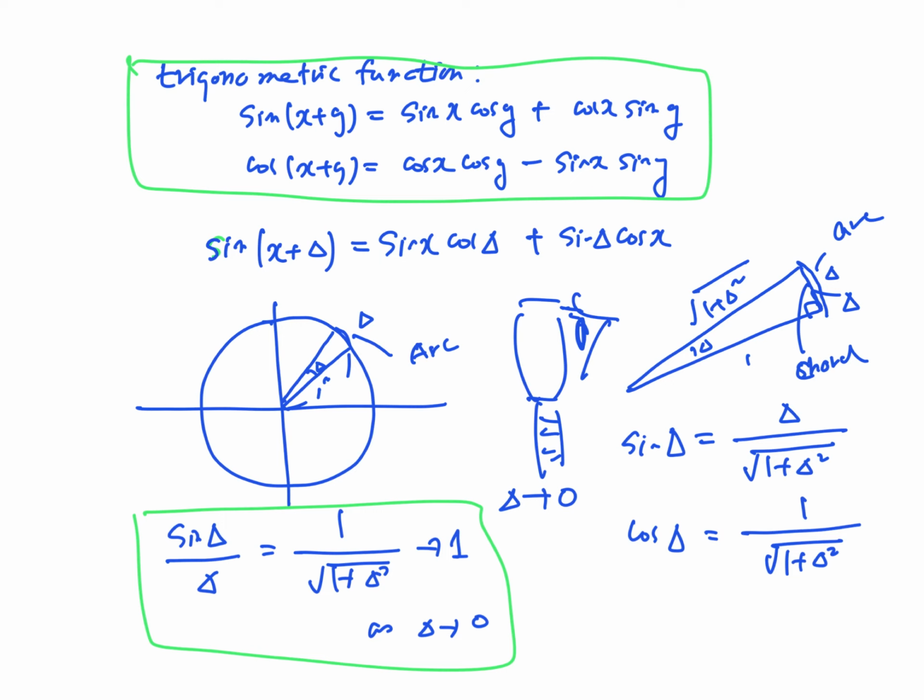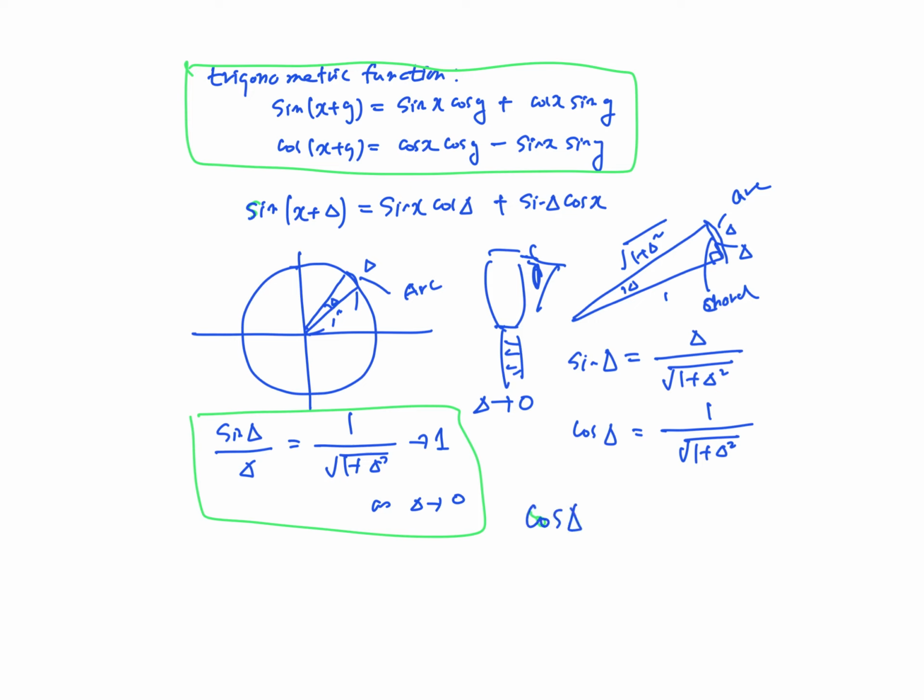How about cosine delta? Cosine delta is 1 over the square root of 1 plus delta squared, which is approximately 1 minus delta squared over 2, right?